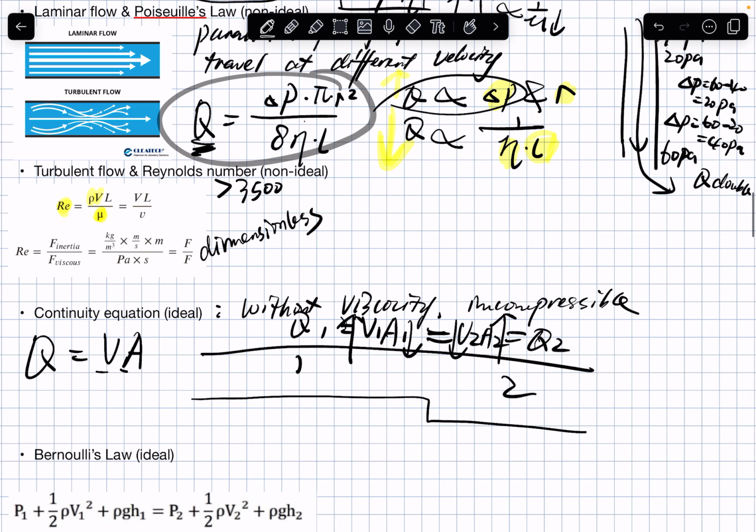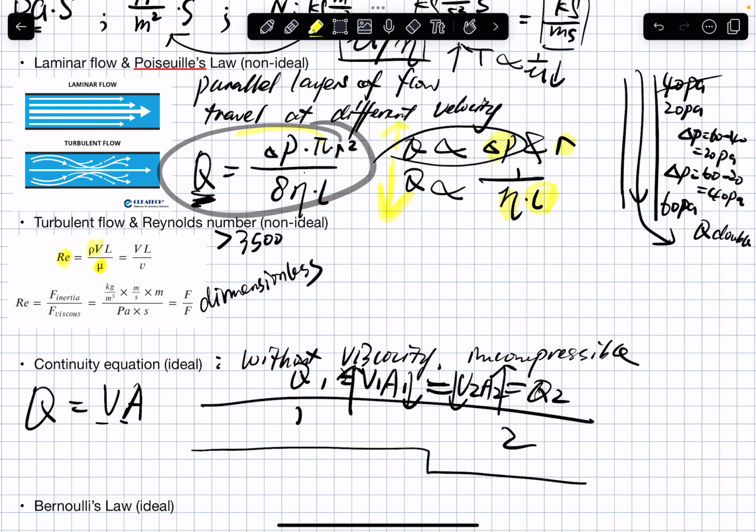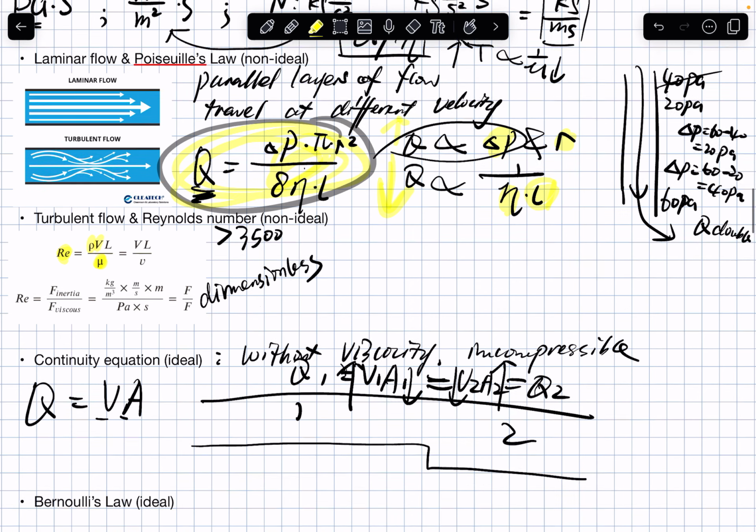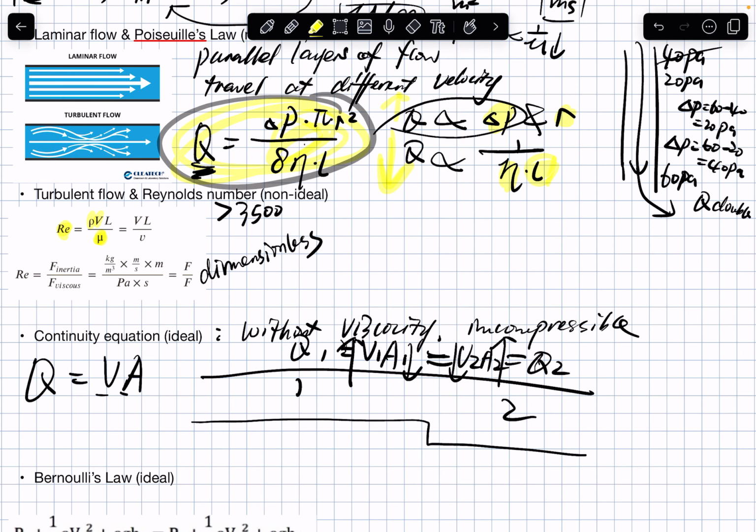And I said that for Poiseuille's law, they never ask you to calculate flow rate through that equation. But sometimes on the MCAT they do ask you to calculate the flow rate, and they want you to use the continuity equation. So you find the velocity. The MCAT is never straightforward. They won't just tell you the velocity and the area and ask for the flow rate.